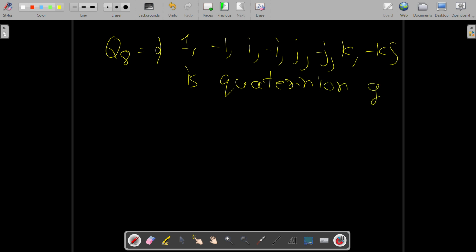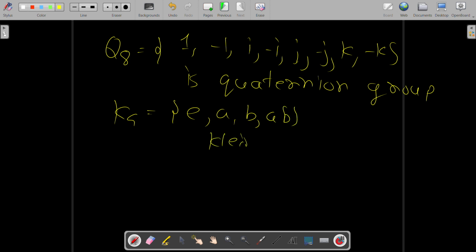We'll study about this later. And this is called K4. A set like this, A, B, A, B, is called Klein's 4 group. We'll also learn about it later.